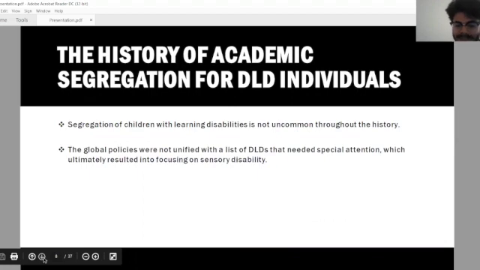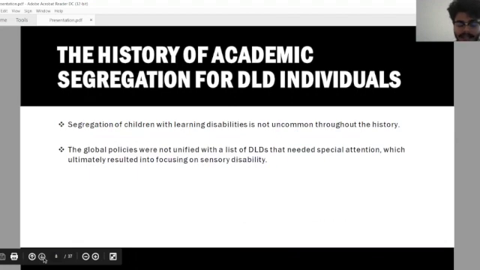Obviously, reports of segregation of children with learning disabilities are not uncommon throughout history. Moreover, they were not really a part of the mainstream population, you could say. They were placed in asylums, and they did not really receive the help that they needed with their sociocultural intellectuality.